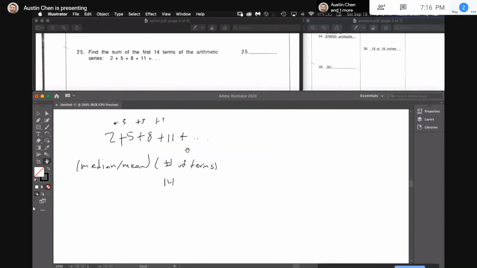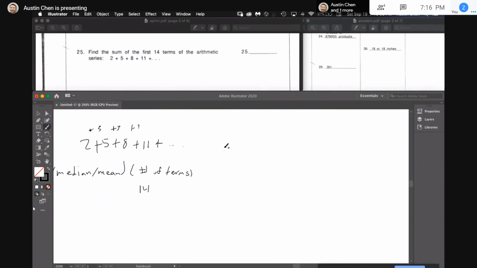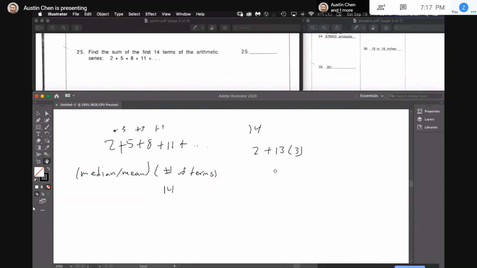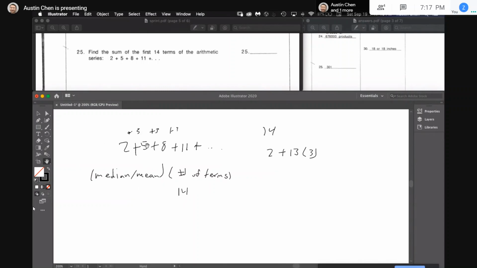Because it's the 14th term, the value of the 14th term is going to be the first term plus 13, which is this number minus 1, times the common difference. Why is it like this? Think about the second term.